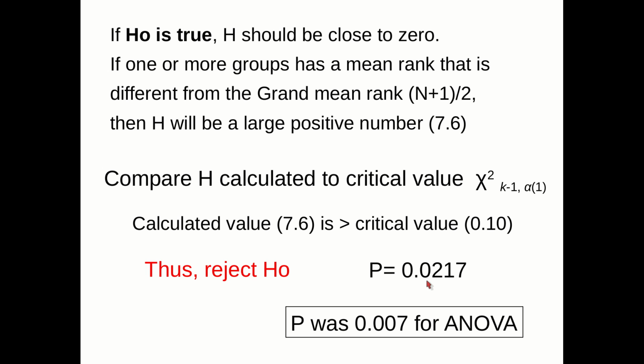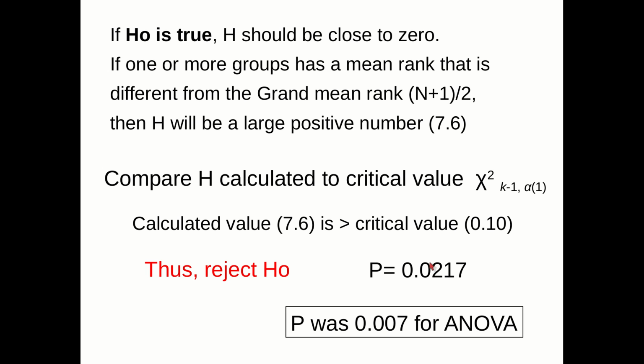An important thing to notice is that normally non-parametric tests have less power than the parametric options. I copied here the p-value we observed for the one-way ANOVA for the same data: less than 1%, and here we have 2%. So there is a higher probability of observing this data under the null hypothesis that all treatment distributions are the same for the non-parametric test.